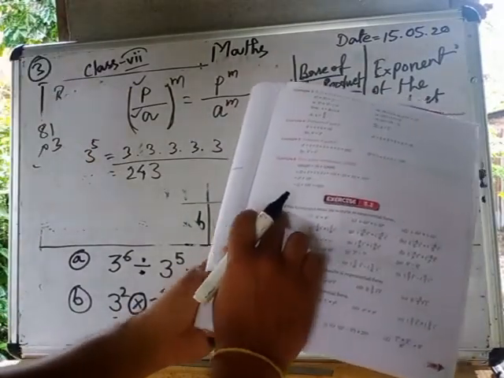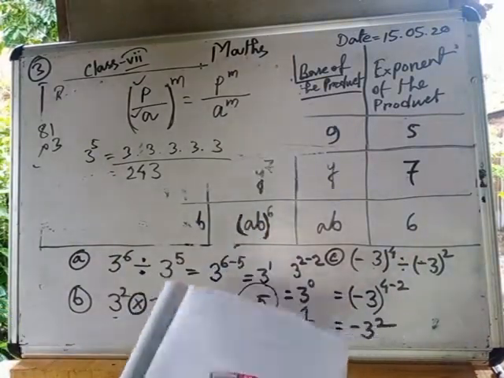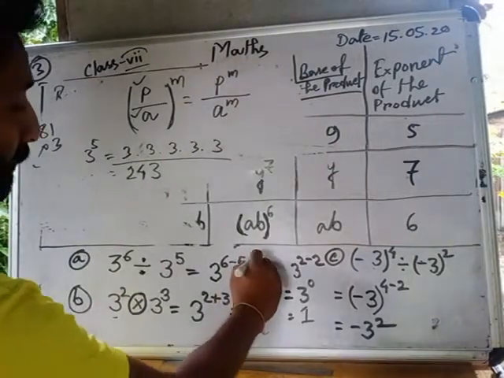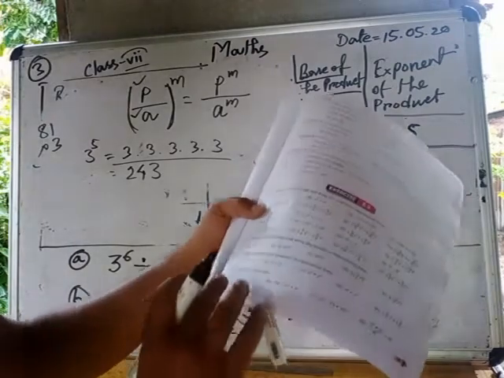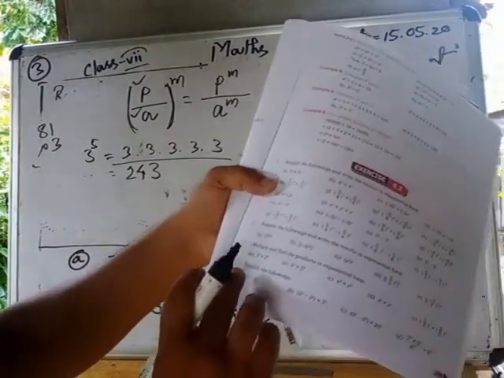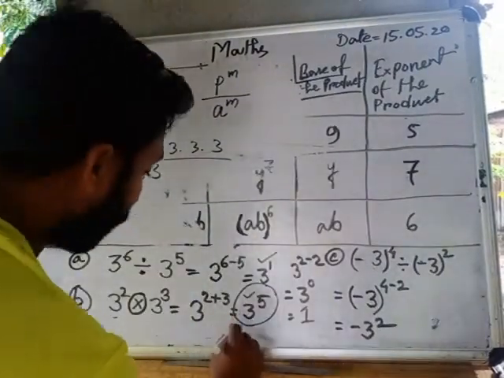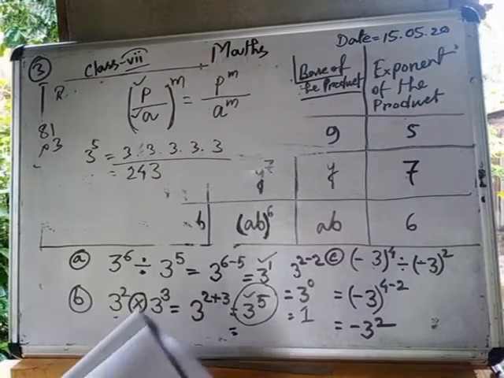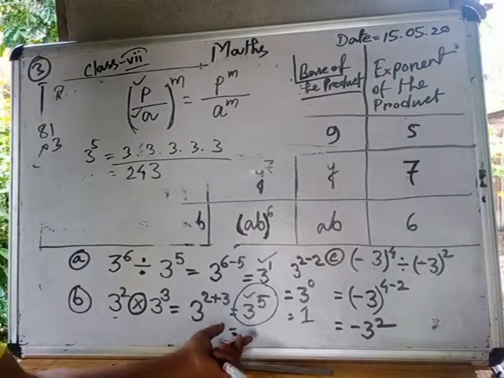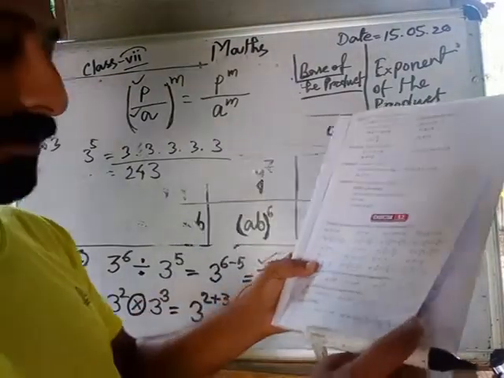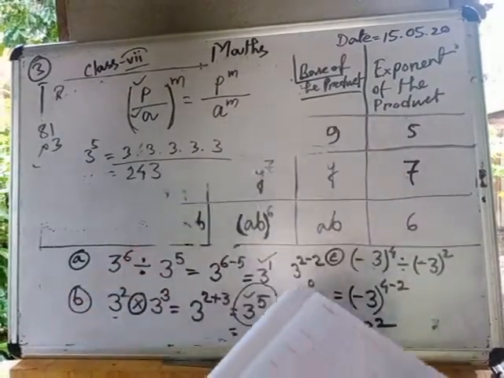If they ask you to simplify the following, you should get the result by multiplication. If 3 is multiplied 5 times, that is 243, so we write 243 here. So these are your homework, you should do it properly.